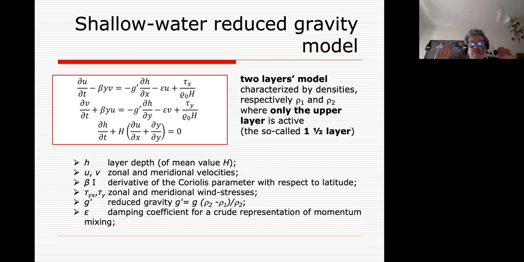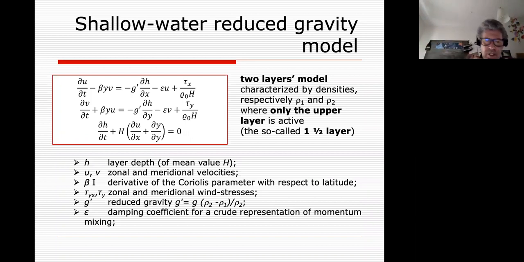So if we move from a very basic formulation where the hypothesis is that the system is an oscillator, the next step is to go towards something that does not have this as a basic hypothesis, and can resolve to a shallow water reduced gravity model.